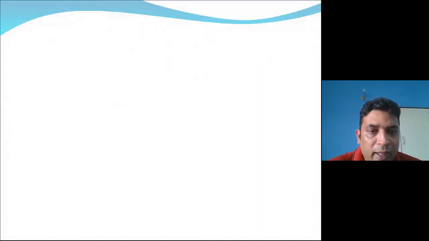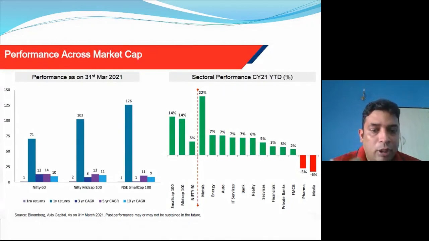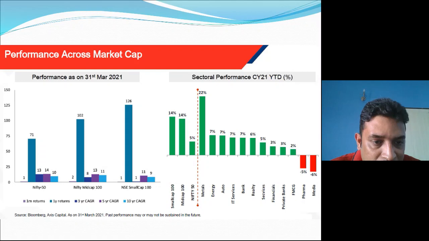So when we talk about the Indian equity market, let's talk about the performance across market cap, like the Nifty 50, Nifty Midcap, and Nifty 100 Smallcap. Now, the Nifty 50 is the top 50 companies in India. In this data point, 1 year return is 71%, 3 year return is 13%, 5 year return is like 14%, and 10 year is 10%.